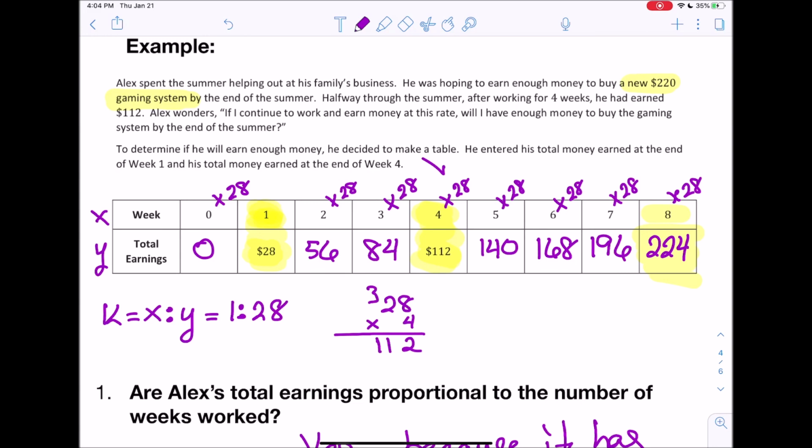Or if you know 1 can of soda is 50 cents, then with that unit rate of 50 cents for every can of soda, it doesn't matter how many cans of soda you think of buying, you can always figure out how much money it's going to cost. However many you want to buy, you just multiply it by 50 cents and that'll tell you how much the total will cost. So unit rates are very important, used in everyday lives.